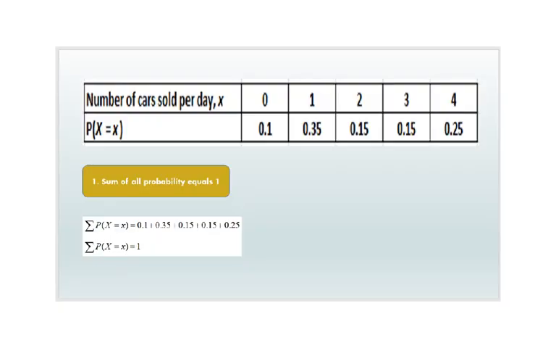First of all, what is a probability distribution? A probability distribution is a table, and in this table you have two values.